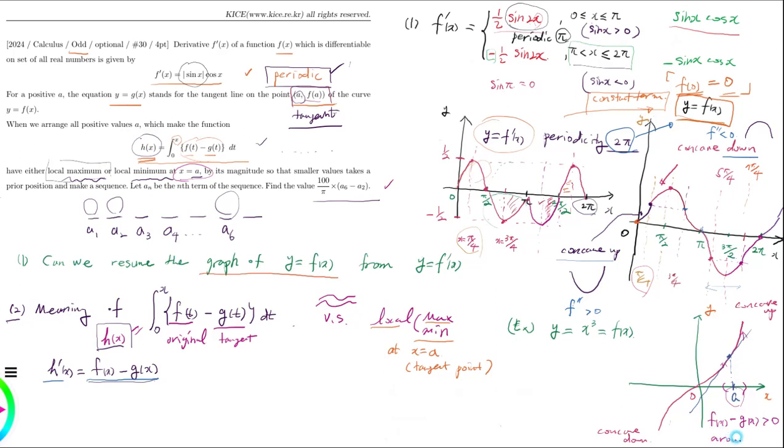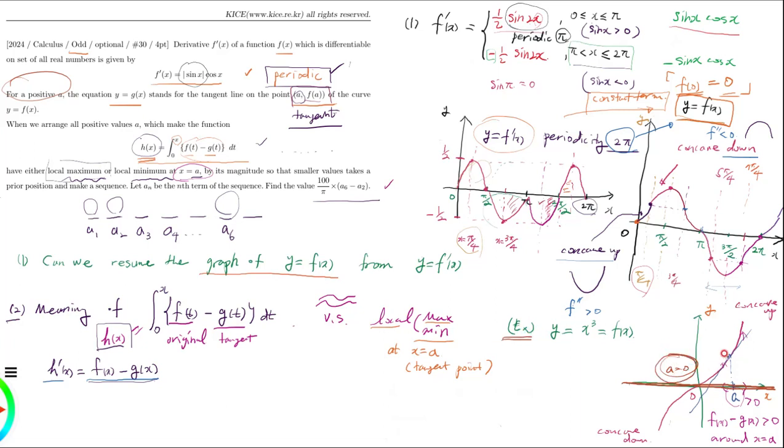In this case, around x equals a, when a is positive. But when you consider the tangent line at the origin, obviously this is not for this case, because in our problem a is a positive value, but it's just an example here.